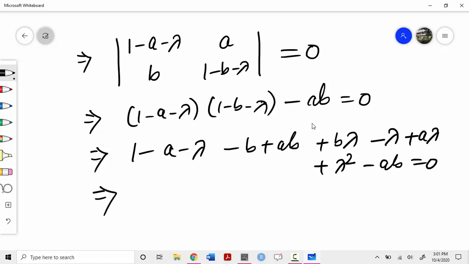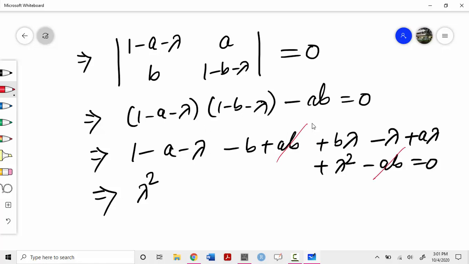That implies lambda square, plus ab minus ab, this cancels out.